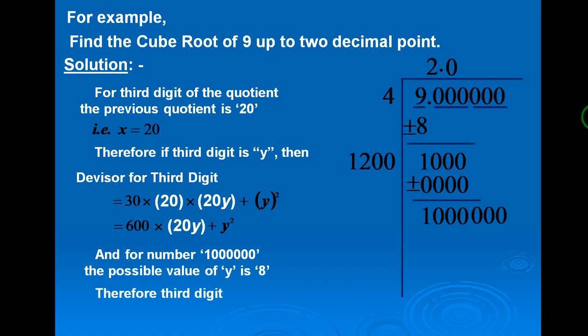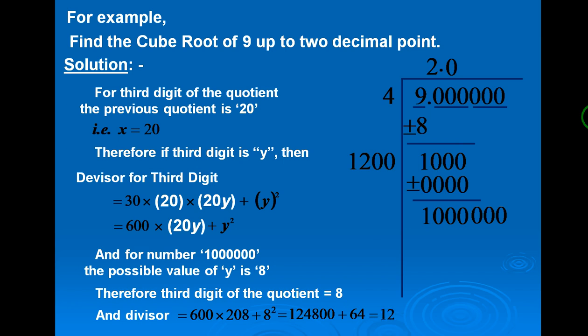Therefore, the third digit of the quotient is 8 and the divisor for 8 is 600 multiplied by 208 plus 8 square, which is 124800 plus 64, equal to 124864.